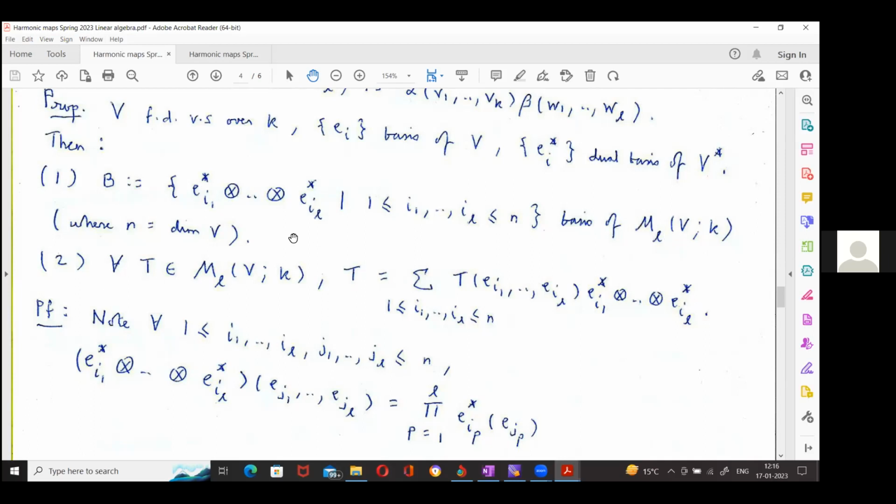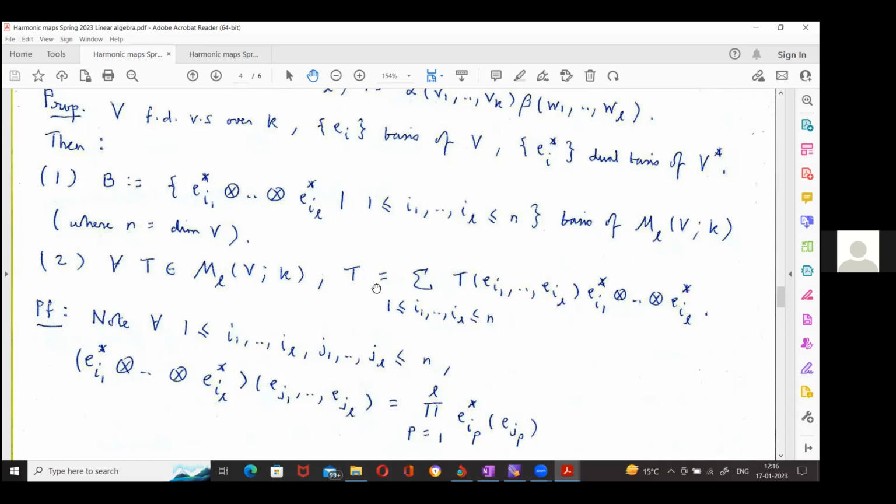Then these tensor products form a basis for the space of l-multilinear functions. And moreover, for any multilinear function T, we have an explicit formula for the expression of T with respect to this basis e_{i1} star tensor ... tensor e_{il} star. The coefficient of this basis element is T applied to the basis vectors e_{i1} to e_{il}.